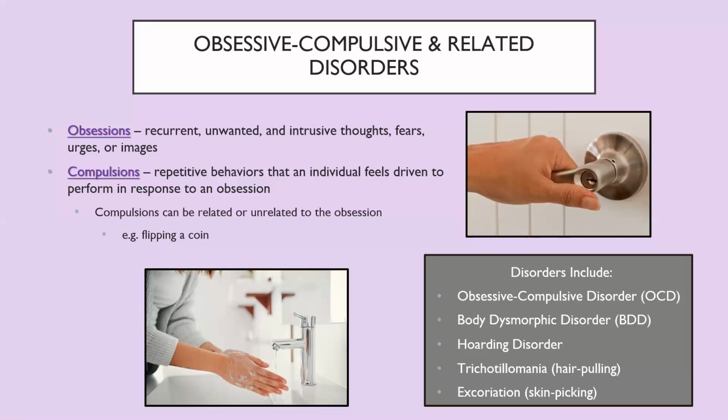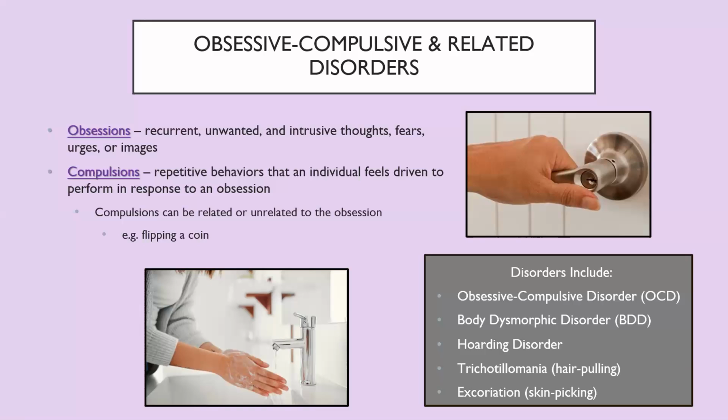And there are actually a whole group of different obsessive compulsive disorders. So there's OCD, which we're going to talk about. There's body dysmorphic disorder, and this is when an individual feels that there's something wrong about a very specific body part, and they think that it is deformed or looks very abnormal.